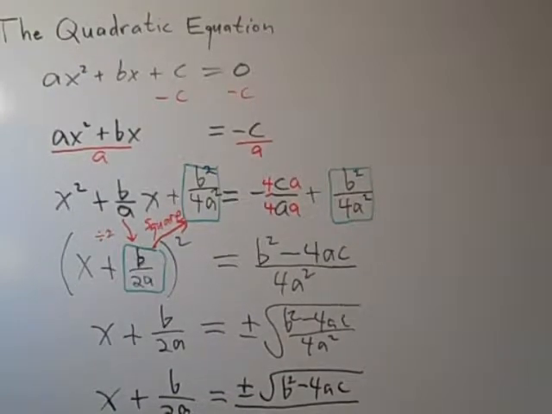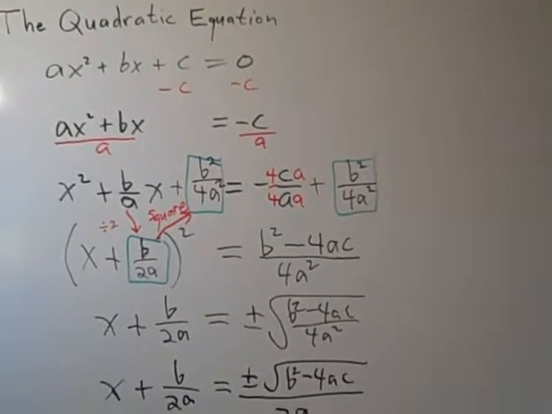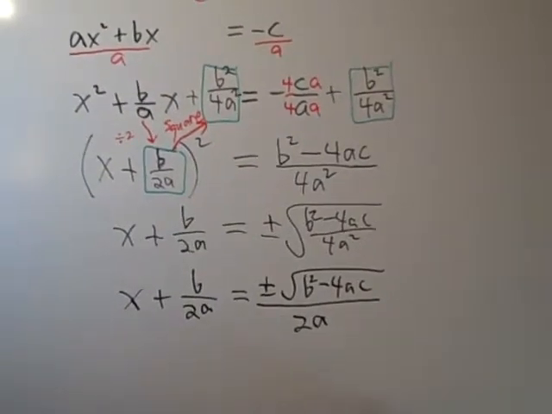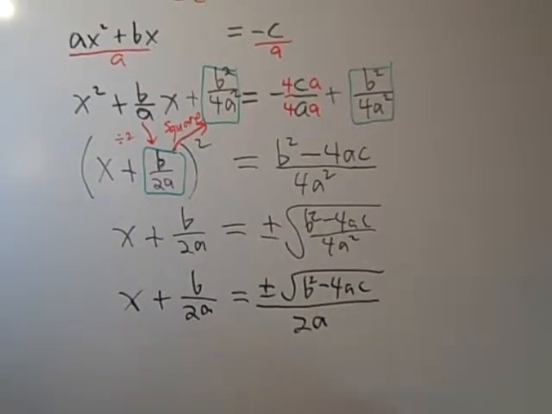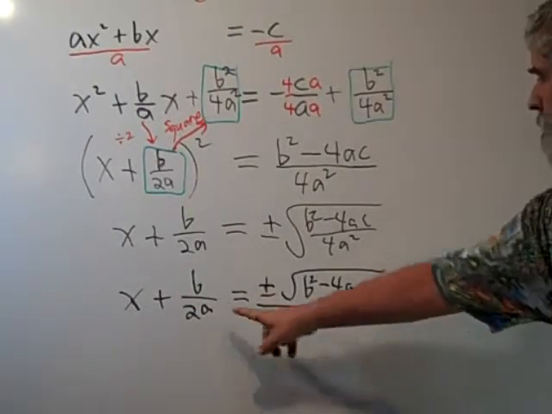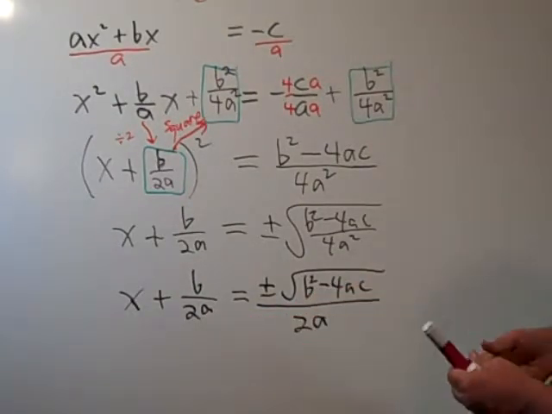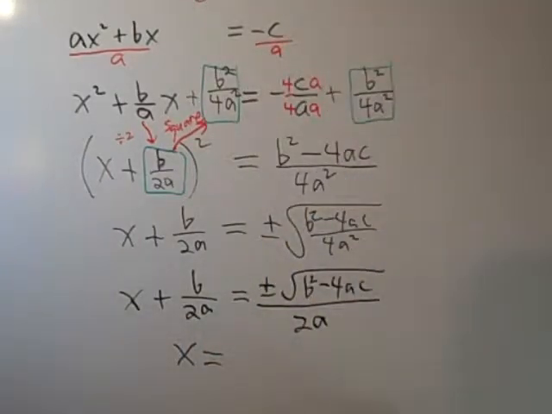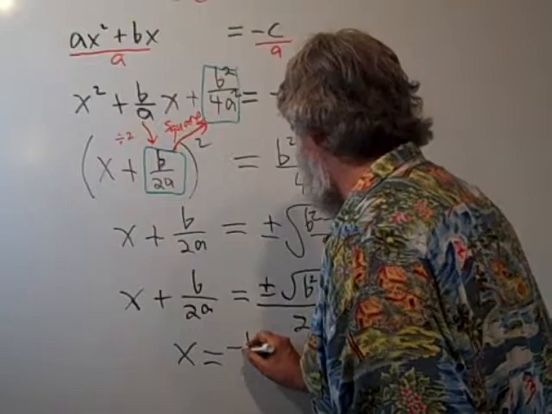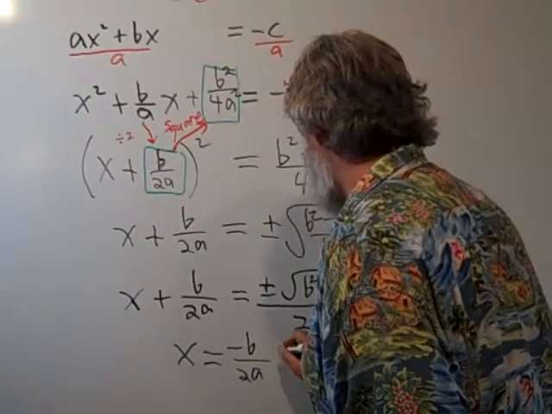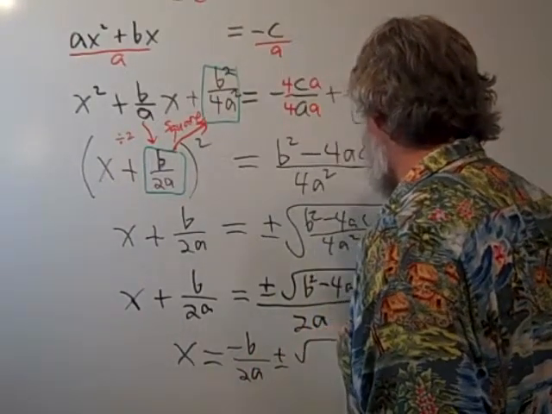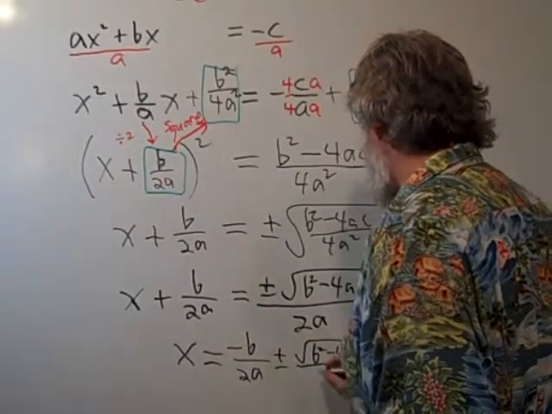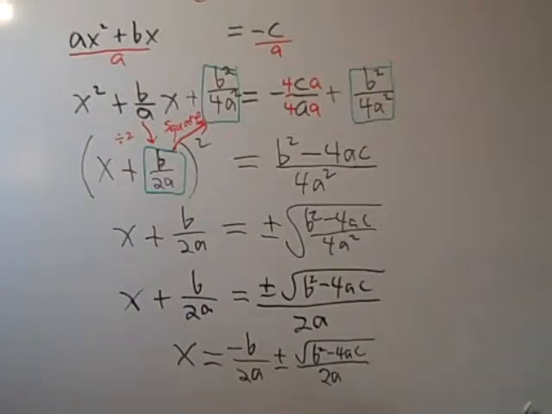And now there's only one final step. The final step here then is to subtract b divided by 2a from both sides. You're left with x on the left and negative b divided by 2a plus or minus the square root of b squared minus 4ac, all divided by 2a.